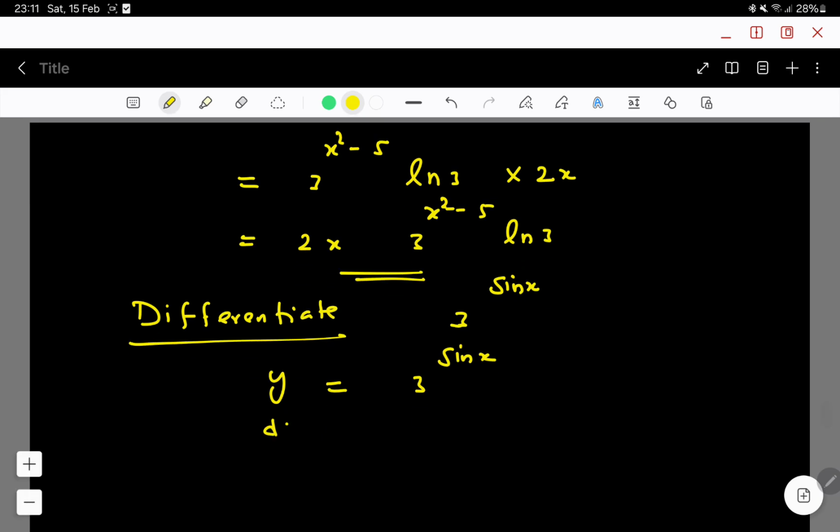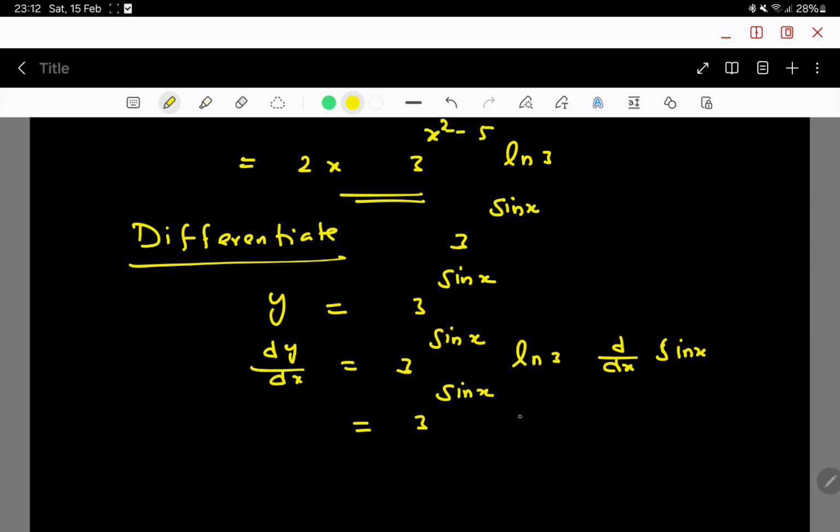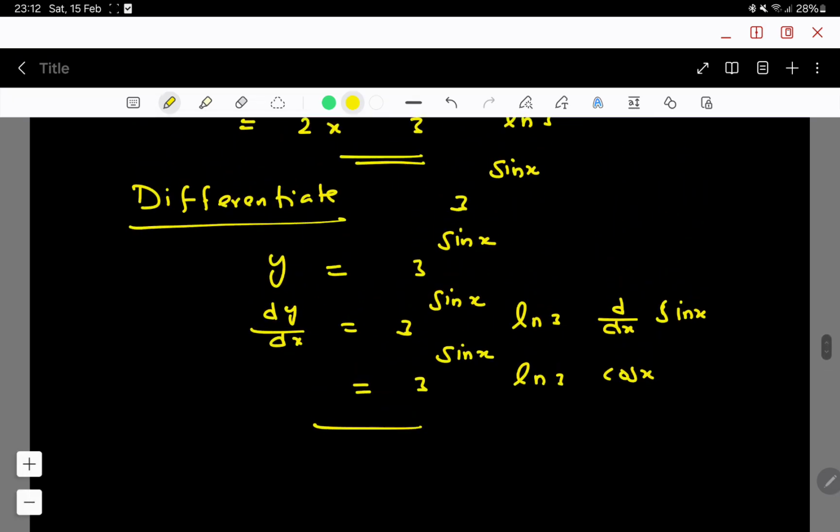So dy by dx is equal to 3 power sin x into ln 3 into d by dx of sin x, that is cos x. So 3 power sin x ln 3 into cos x. That's all.